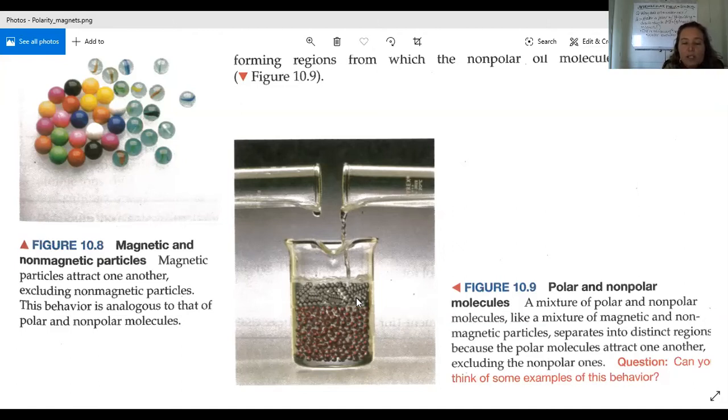And when you add something non-polar to water, it's going to be less dense because the particles aren't as attracted to each other, so they're not as packed together, and it's going to float on top. It's going to form two separate layers. So even if you shake it, over time those non-polar molecules are going to be excluded from the water, because you can think of water as magnetic and the oil as non-magnetic.